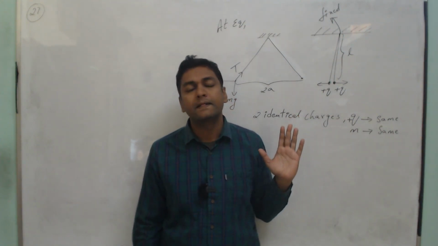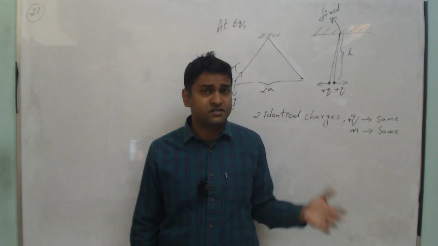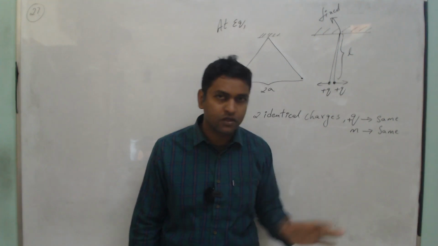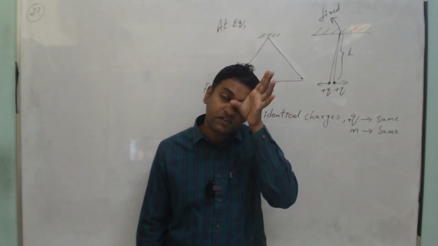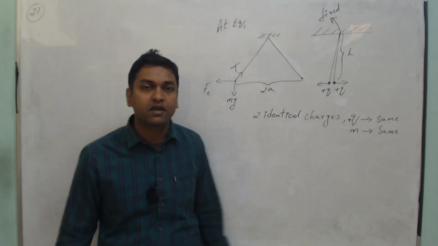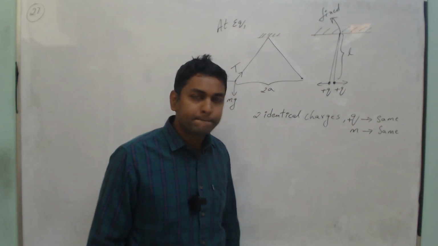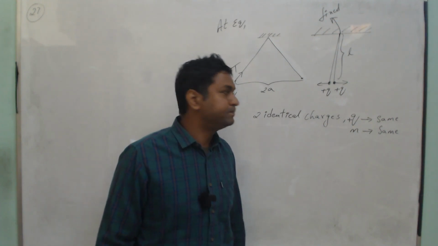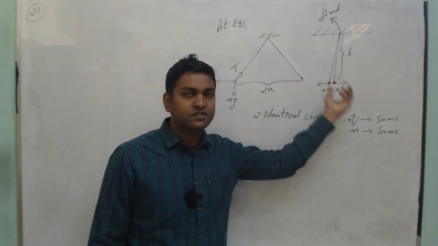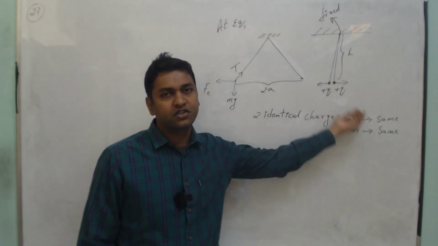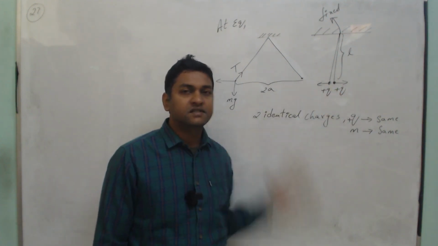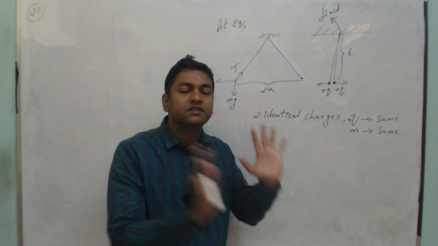Clear? When we say identical charges, automatically we mean that the charge and mass is same. When we use the word identical, it's understood that the charge is same and the mass is same. So that is what is given to us. Two positive charges having charge q and mass m each are placed in this particular situation. That's it.